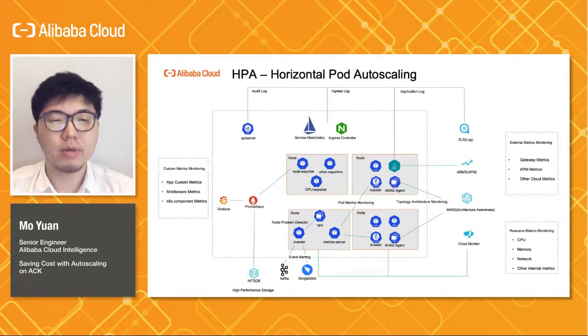Based on the monitoring architecture, we transform all kinds of monitoring metrics into 3 categories. In resource metrics, we provide CPU, memory, network, and so on. In custom metrics, we not only provide the standard metrics interface, but also a typical solution about how to use custom metrics with your application.